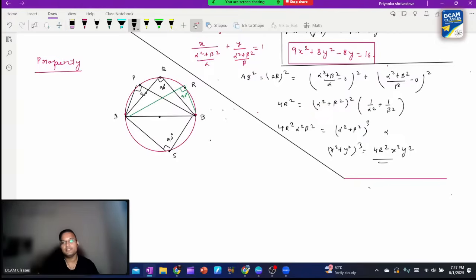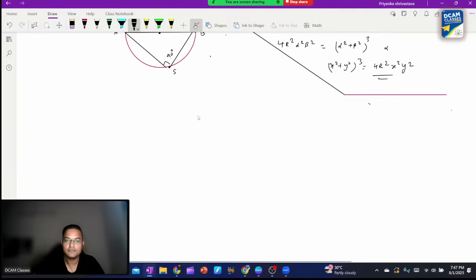If you find it easy, you can attempt. They are basically asking for direct or indirect application of work power energy, the work energy theorem, or variable force with differentiation. If you find it easy to solve JEE Main questions, you can attempt it.